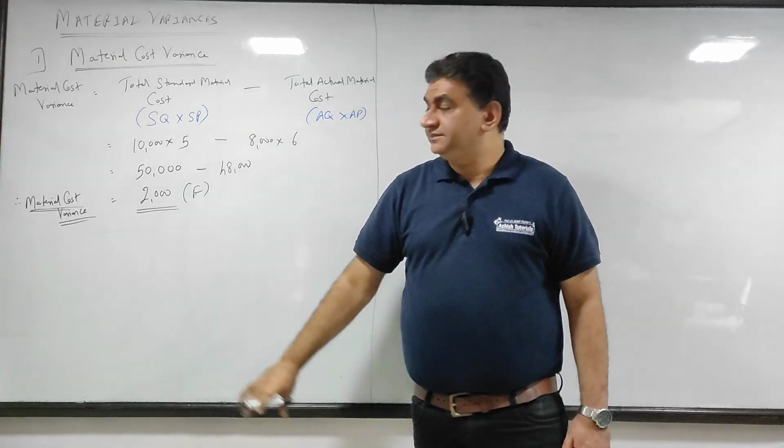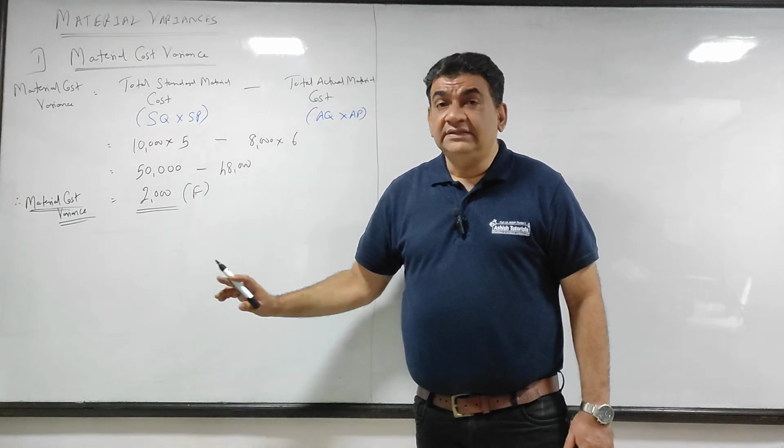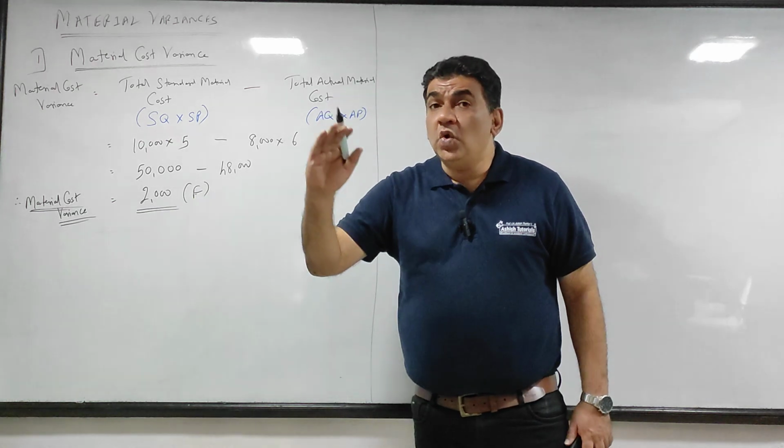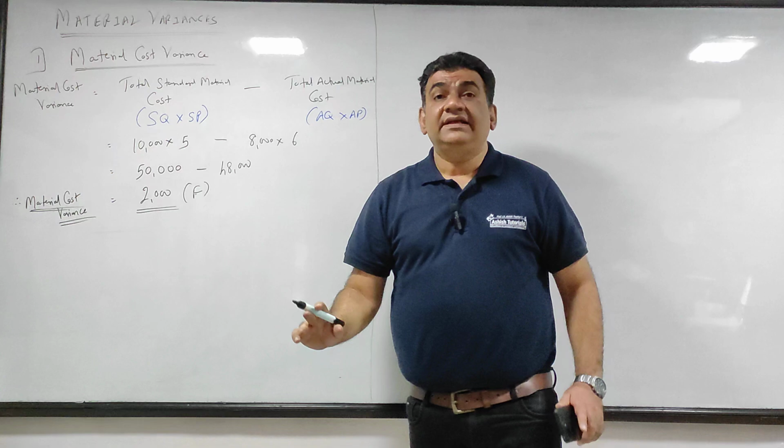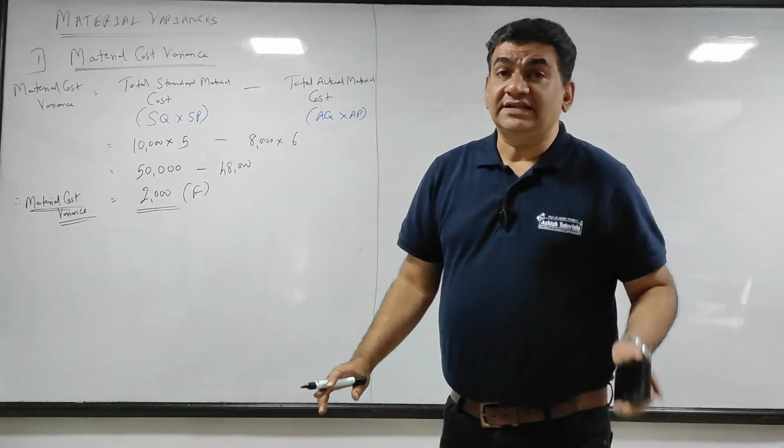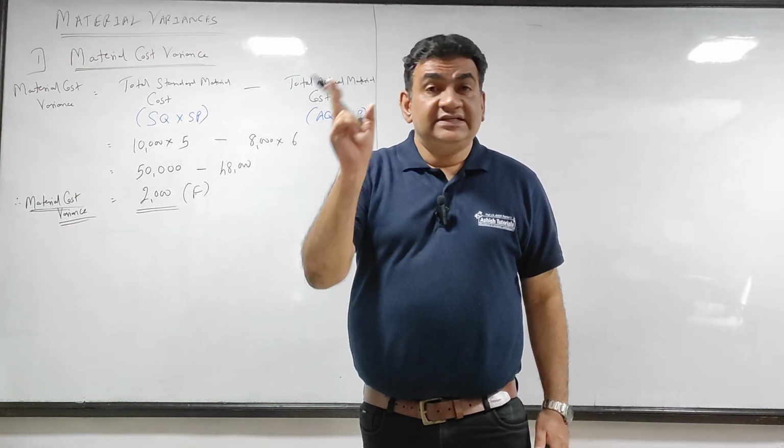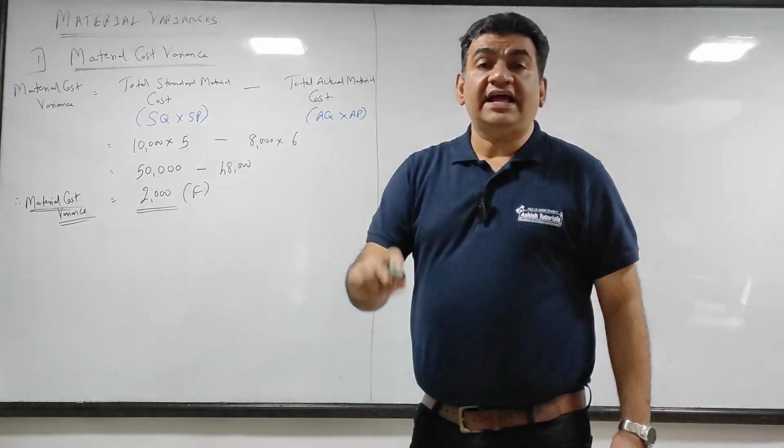Now listen, this we have got. Now we have to go one step ahead and do further analysis. What is the name of the chapter? Standard costing and variance analysis.